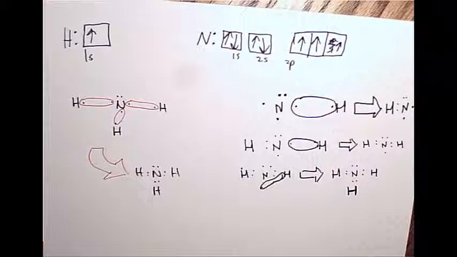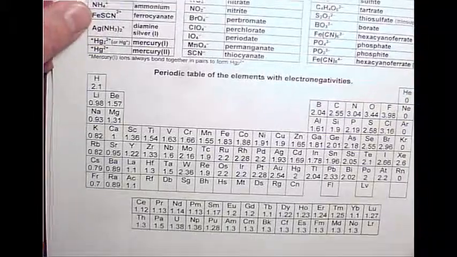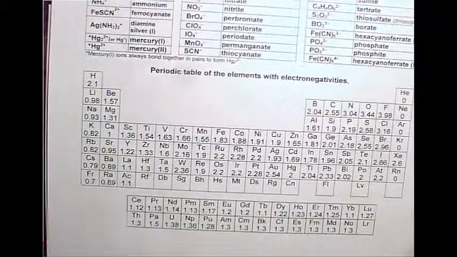Anyway, the thing you've got to know, let's find the periodic table that you have in your packet with the electronegativities.